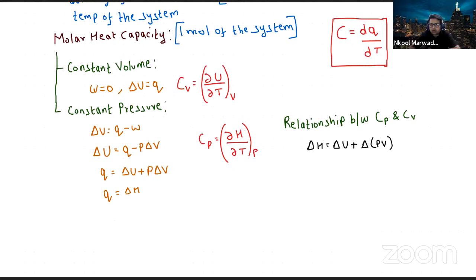If I divide all of them by delta T, I will write delta H upon delta T is equal to delta U, let me write it properly. We may get confused with V. Delta PV by delta T. And delta H by delta T is what is Cp, which we just now derived.